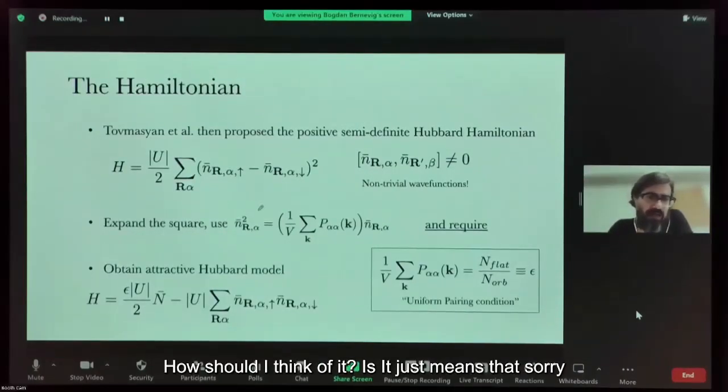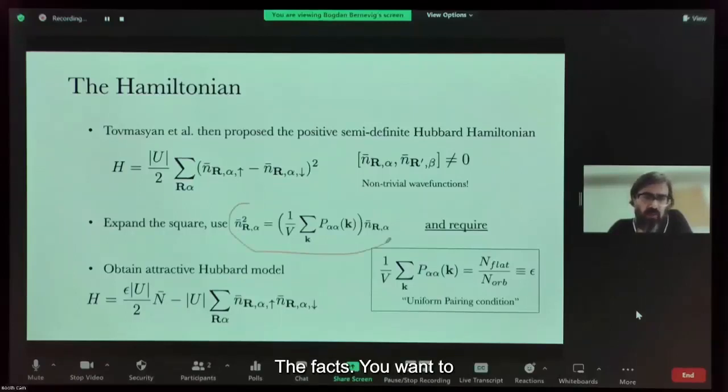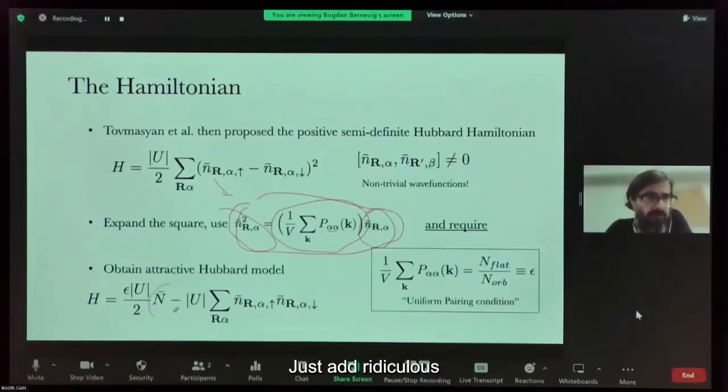The condition comes out of the fact that when we expand this Hamiltonian, you get these square terms, okay? And what you want to be able to do is, if the diagonal parts of these projectors are the same, you can just add these projected operators and you get the projected number operator.